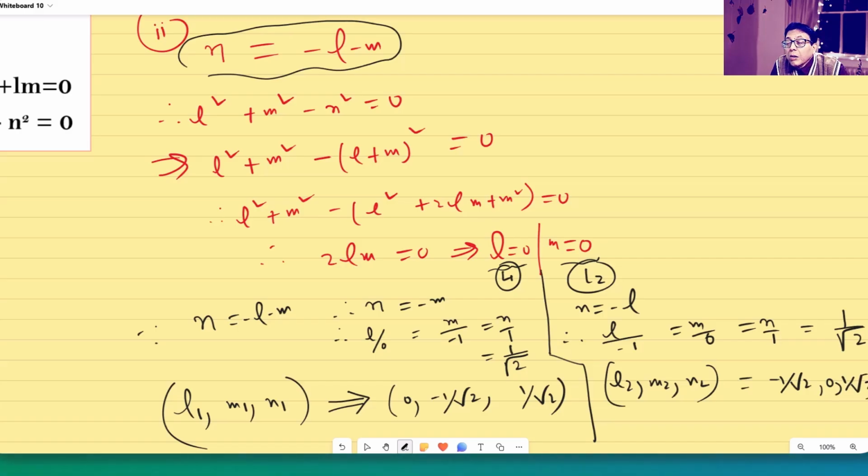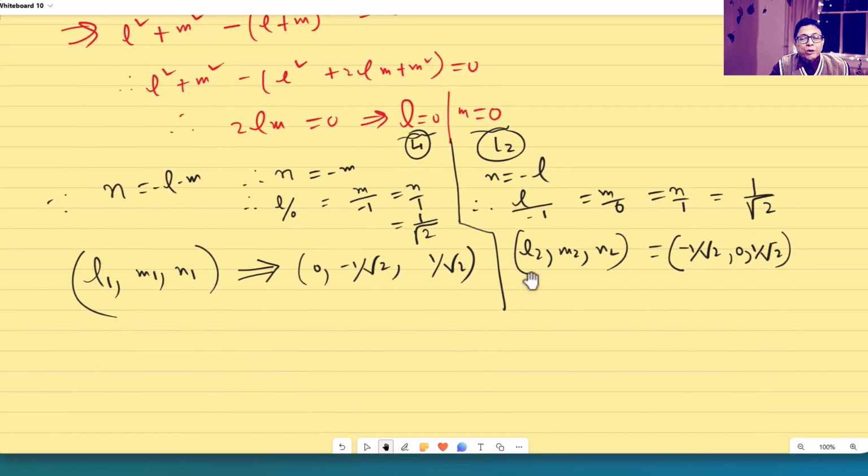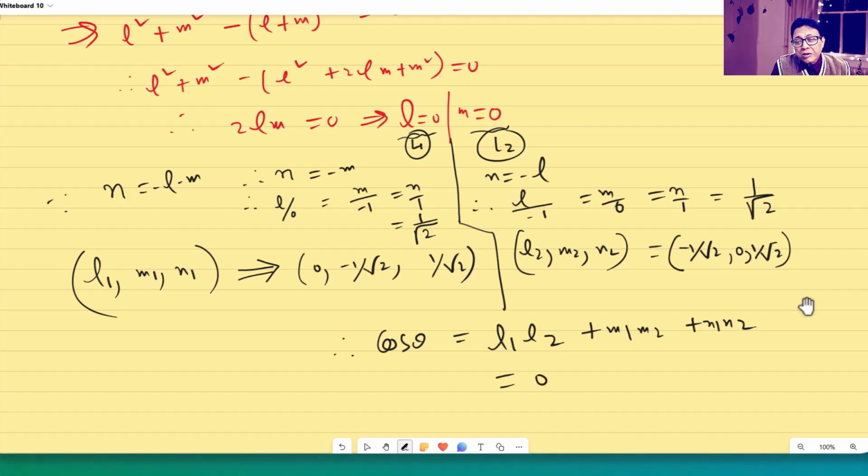Okay. So you've got L1, M1, N1, L2, M2, N2. Now cos theta equal to what? Cos theta equal to, again the same manner, L1 L2 + M1 M2 + N1 N2. So 0 + 0 + 1 by root 2, 1 by root 2, half.